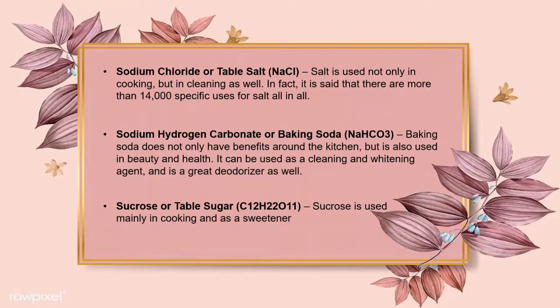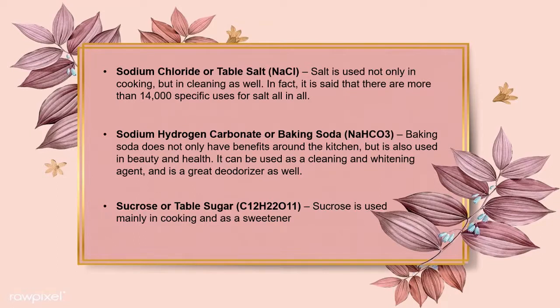Second, sodium chloride or table salt. Salt is used not only in cooking, but in cleaning as well. In fact, it is said that there are more than 14,000 specific uses for salt all in all. The third one is sodium hydrogen carbonate or baking soda.